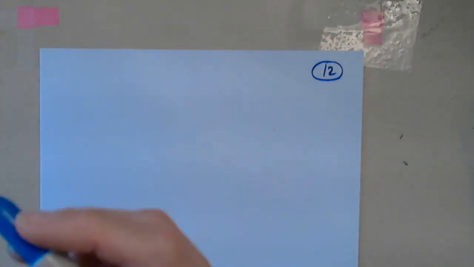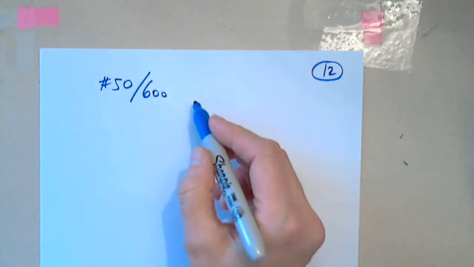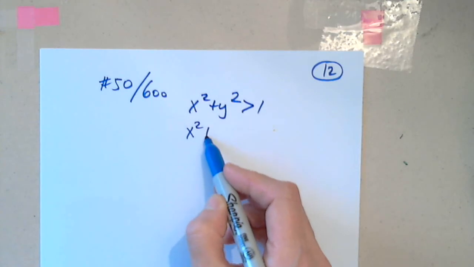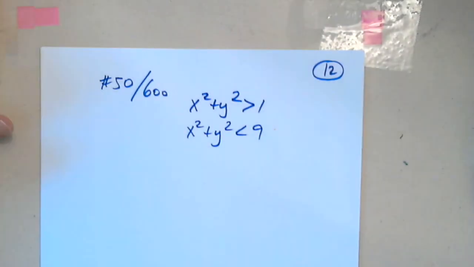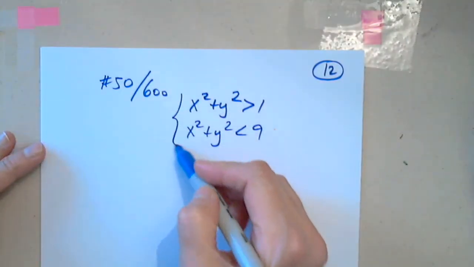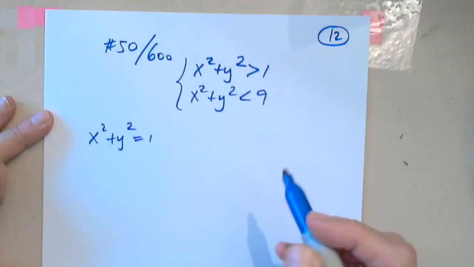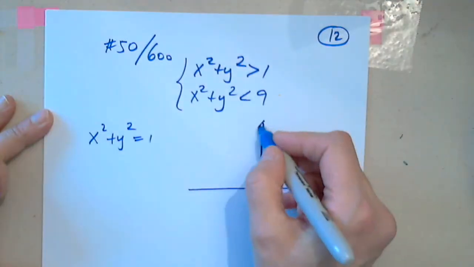Okay, so let's look at 50. Same page, and this is x squared plus y squared greater than 1, and x squared plus y squared less than 9. And I could put this book away. Okay, so obviously we had something similar before. What is this? Can anyone tell us? Circle?